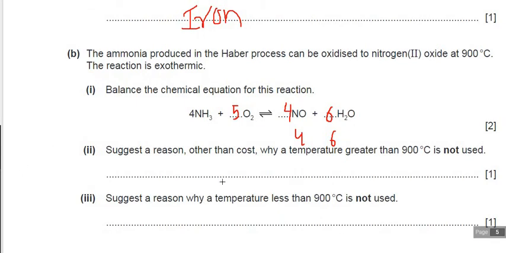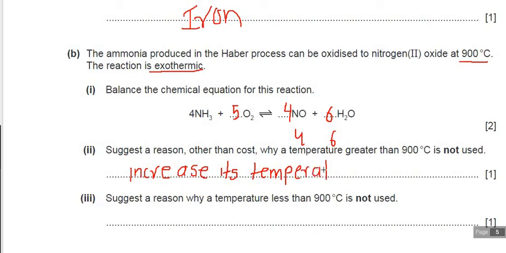Now the next question is, suggest a reason other than cost why a temperature greater than 900 degrees Celsius is not used. They have used 900 degrees Celsius and the reaction is exothermic. The reaction is exothermic, which means that if I increase the temperature, the equilibrium will move towards the reactant side.